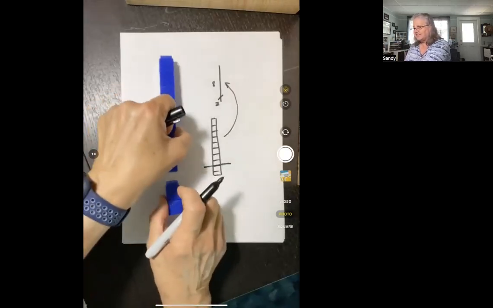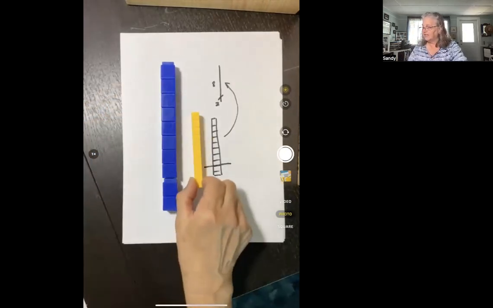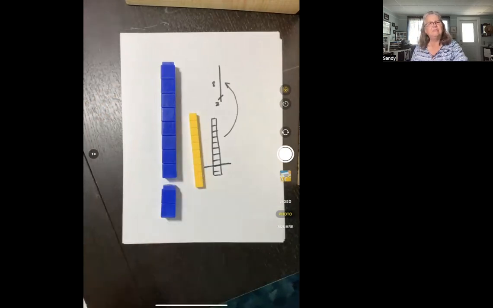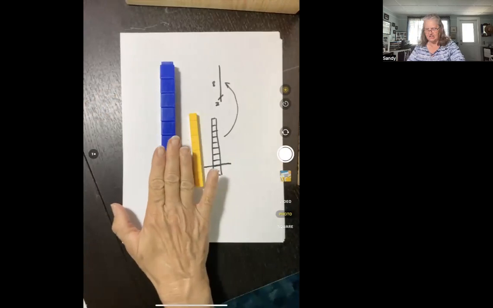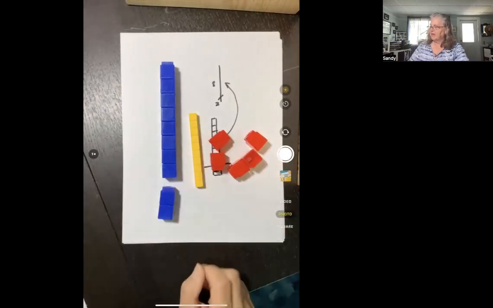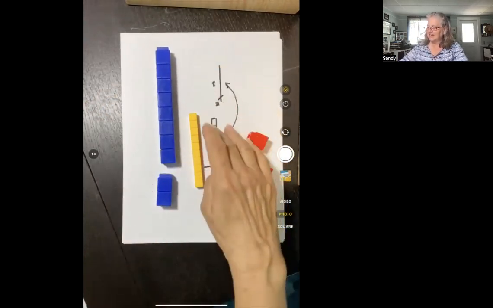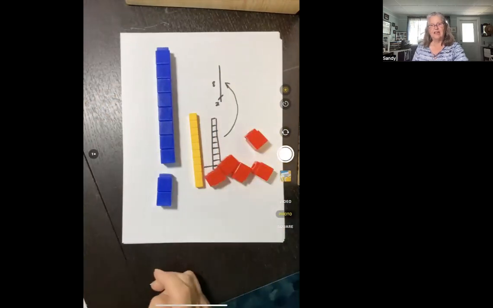So you might see them doing things with Unifix cubes before they get to these base 10. And that's very purposeful because we want to really have this firm foundation about either breaking it into small pieces or actually cutting it and getting this idea here without always having to go to 10 ones.